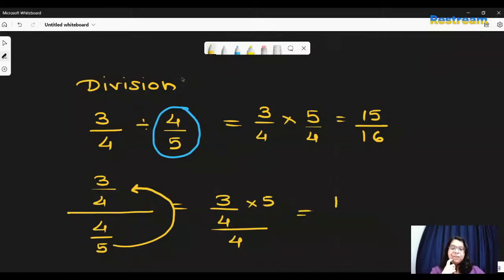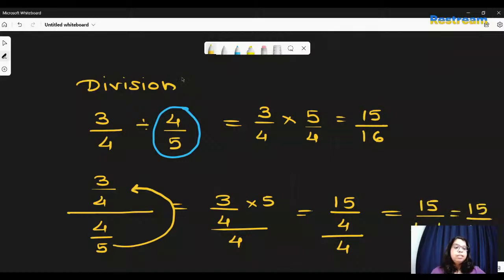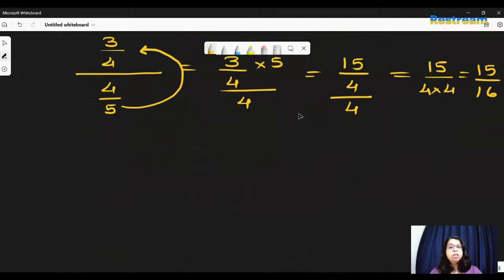So we have 15 over 4, the whole over 4, which is equal to 15 over 4 times 4, which is equal to 15 over 16. This is why we multiply with the reciprocal. We take the reciprocal because once it goes in the denominator, the new denominator's denominator will come and get multiplied with your first fraction's numerator.